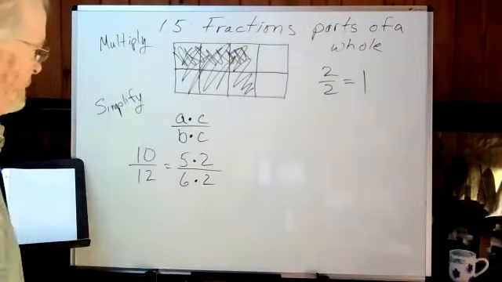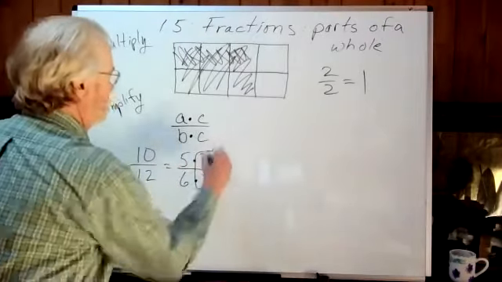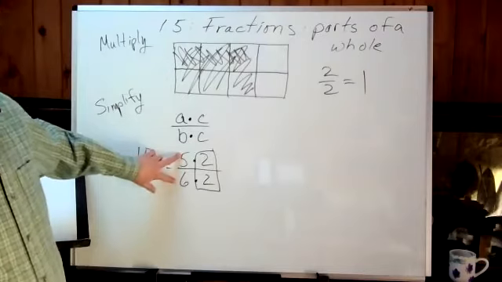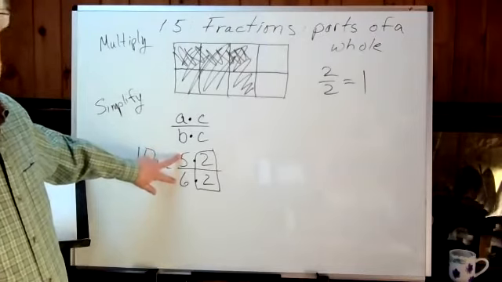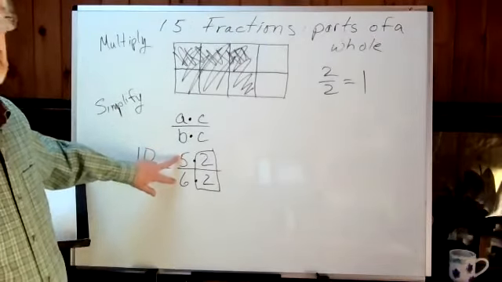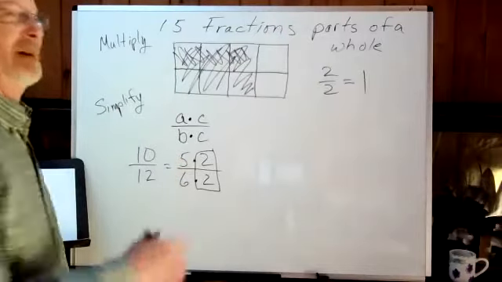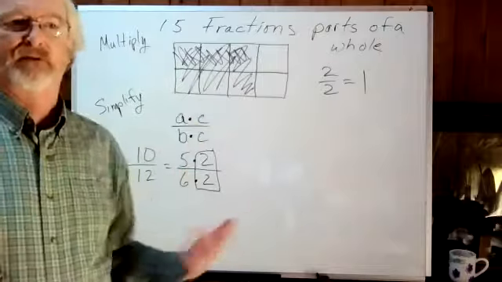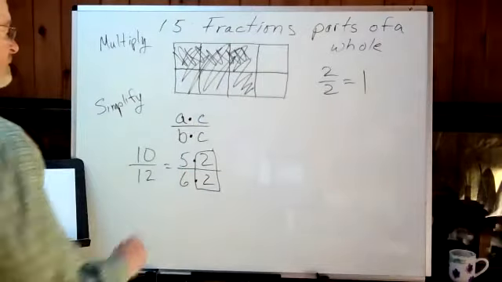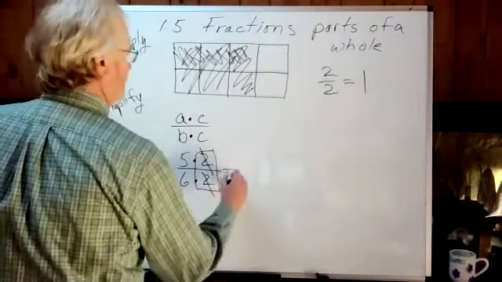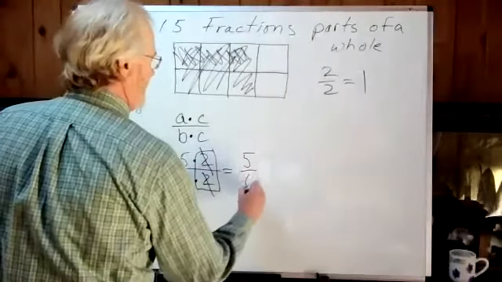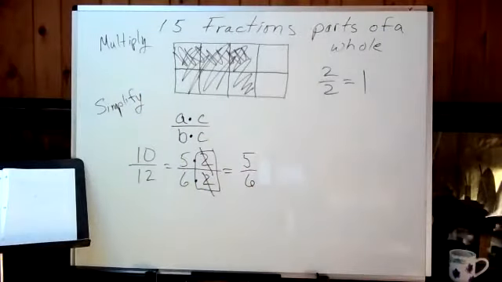So here, by doing this, I'm really multiplying this by 1. If I multiply by 1, I don't change it. It's a rule that we'll maybe talk more about a little later, but I can, we say, cancel those factors of 2 from both the numerator and denominator and simplify this fraction to 5/6.